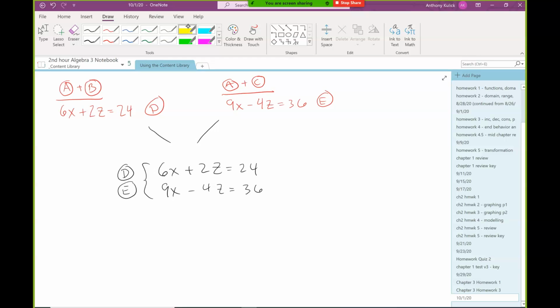What coefficient would we need for z's to cancel out? Jack, this is for you. If we wanted to do the z's, I'd want 4, right? Is the number that both 4 and 2 go into. So if I multiply equation D by 2, I can then just add it to E directly. That's what I would have done.